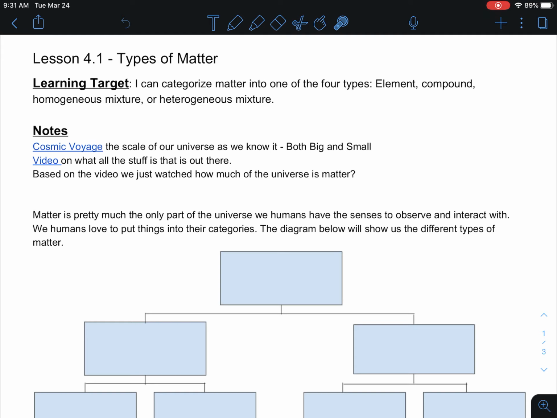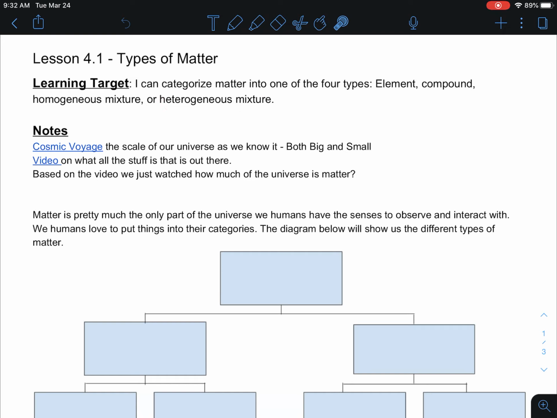We're going to be able to say that matter in front of me is an element, is a compound, or a homogeneous mixture, or a heterogeneous mixture. I don't care how you pronounce homogeneous or heterogeneous.